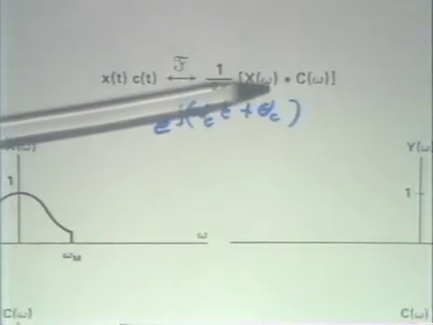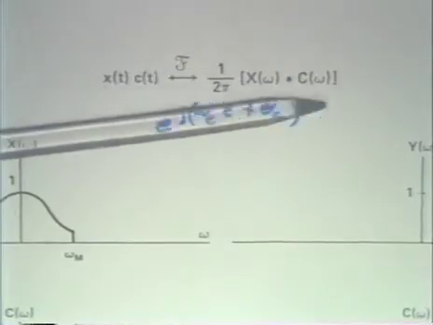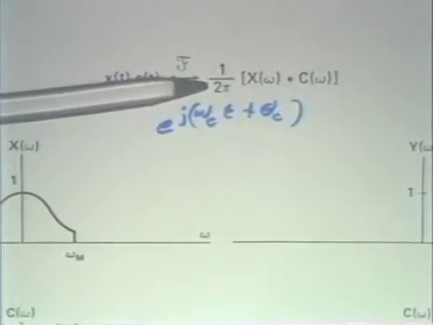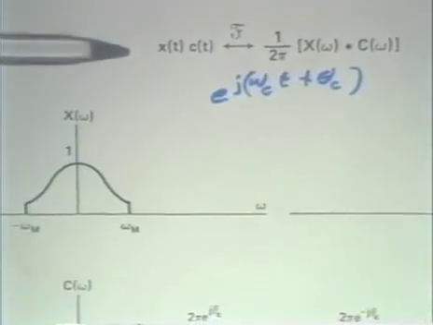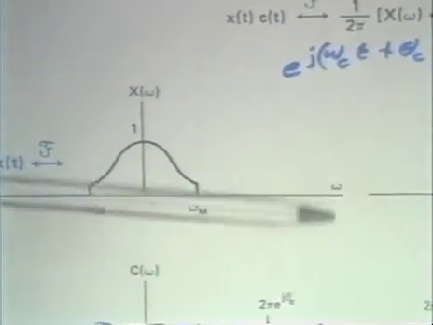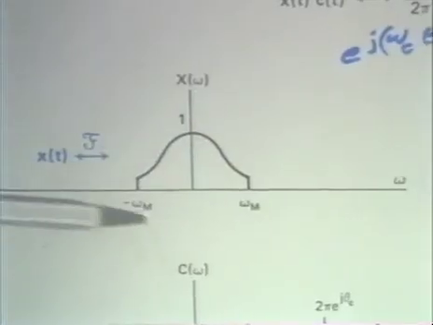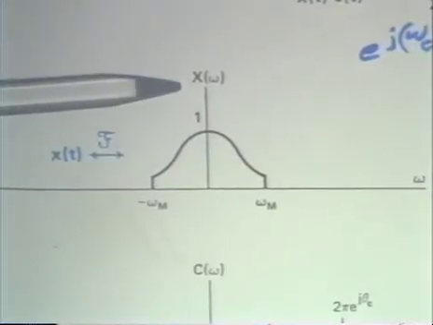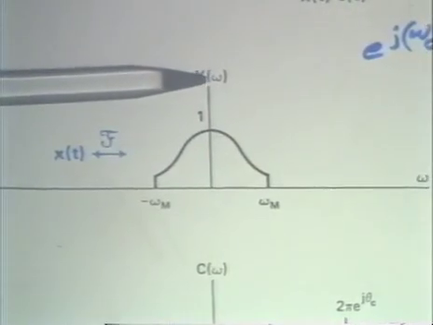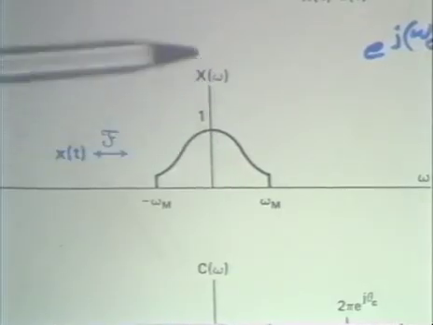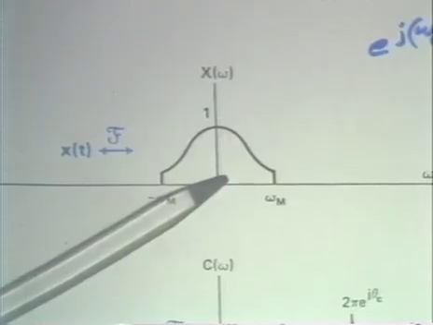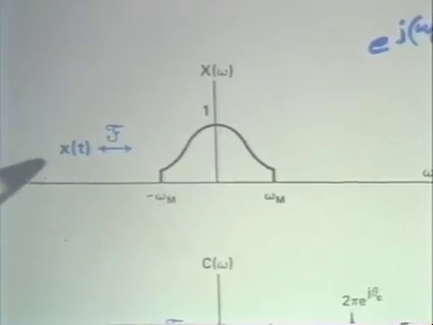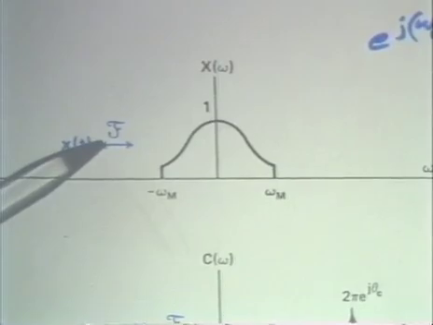Well, we can do that by concentrating on the modulation property. And let's consider just as a sort of general form for a spectrum what I've indicated here for the Fourier transform of the input signal or modulating signal, x of omega. And so this is intended to represent the spectrum of x of t.